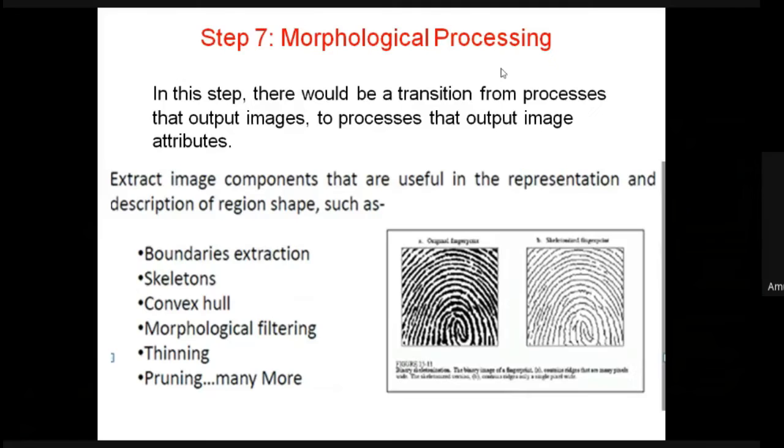Okay. Step 7 is morphological processing, that is a mid-level process. So here the input is an image, but the output is attributes of the image. What we do here is extract image components that are useful in the representation and description of region shape, such as boundary extraction, skeletons, convex hull, morphological filtering, thinning, and many more things.